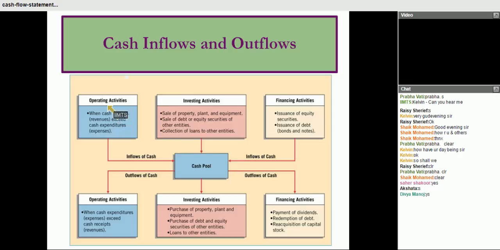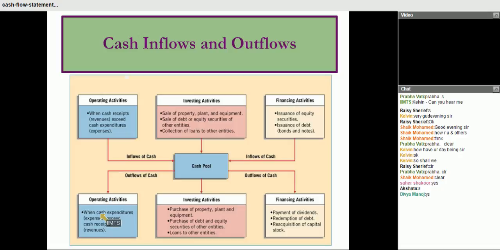Similarly, we have operating activities, when cash receipts or revenues exceed the cash expenditure, then we have inflow of cash. Similarly, we have investing activities like sale of property, plant and equipment. When we sell the property or equipment, a plant meaning a production plant, the money that comes goes into the cash account. Sale of debt or equity securities of other entities, collection of loans to other entities, also comes into cash inflow.